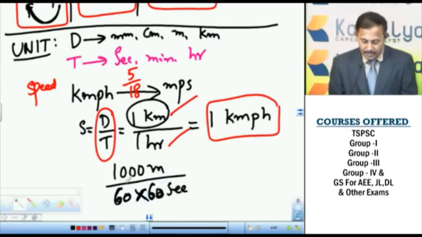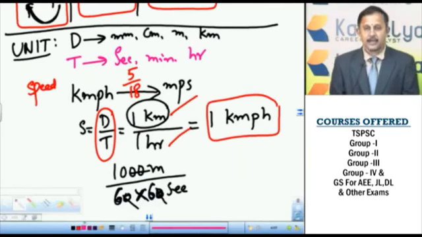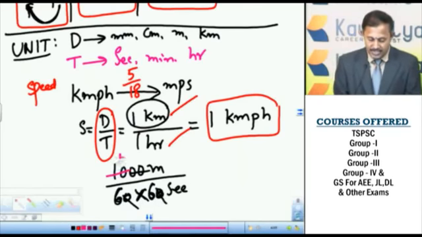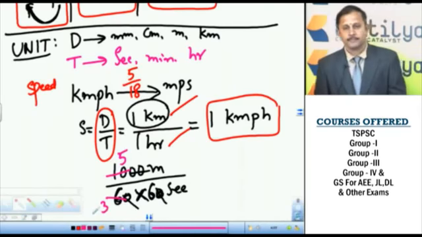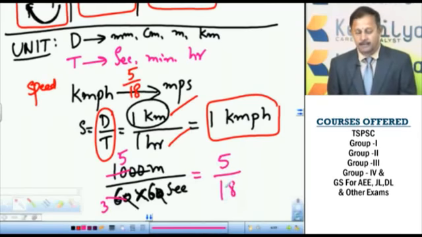So we can eliminate 2 zeros in the numerator and 2 zeros in the denominator, and once again we can make a calculation by using 2. 2 gets cancelled for 5 times, 2 gets cancelled for 3 times. So we can observe 5 in the numerator and 18 in the denominator.